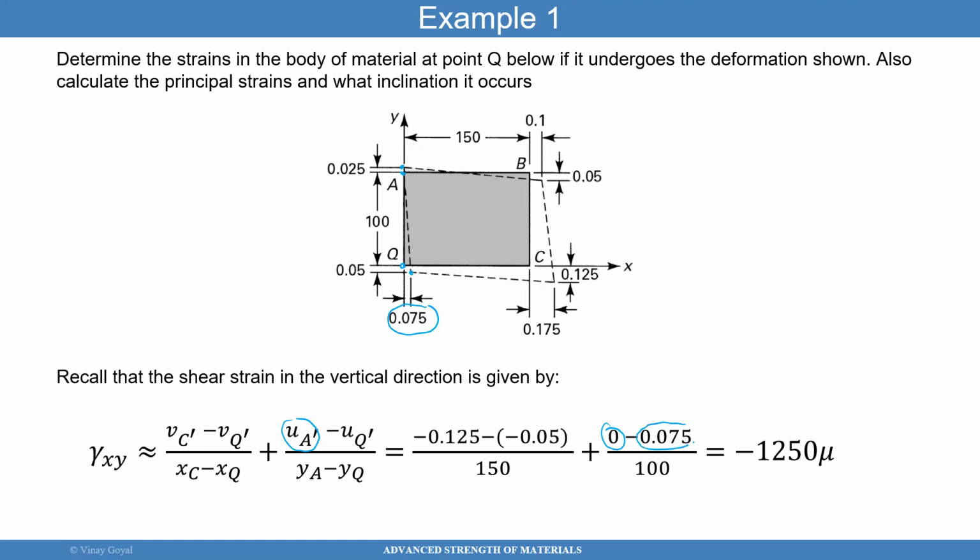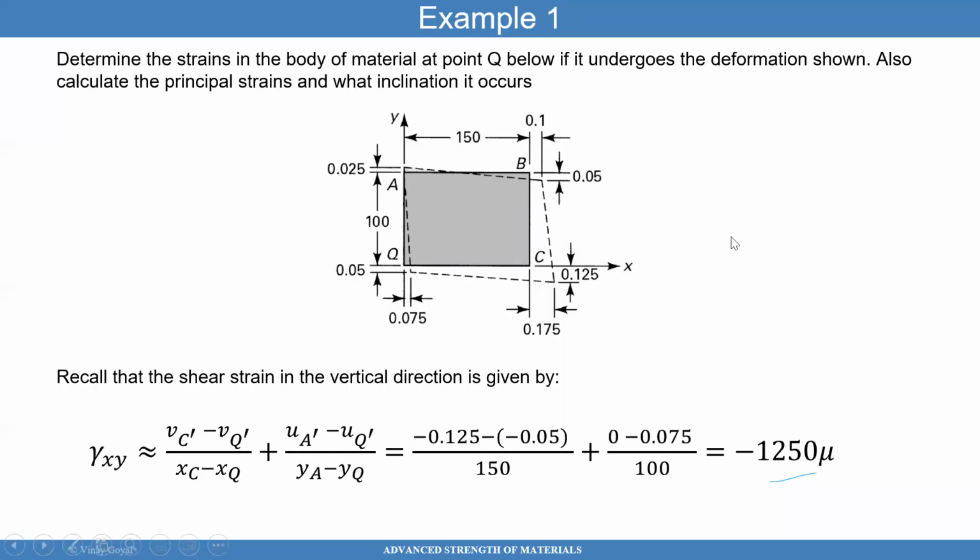So that's that. And YA minus YQ is this distance here. That's 100. And when I do the calculation, I get that the shear strain is the number shown here. And that represents the angle change that you have due to this deformation.